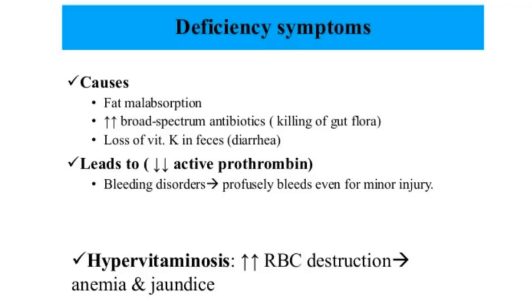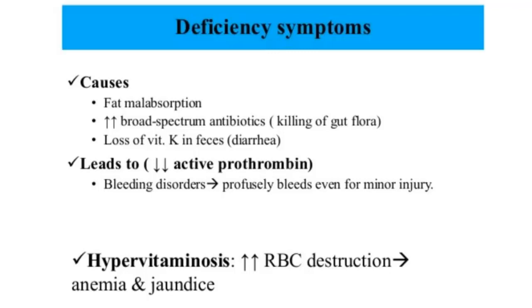So this is all about vitamin E and vitamin K. Now the main questions that may come from vitamin K and vitamin E are: you will be told to explain the antioxidant property of vitamin E. There you have to tell how it helps in prevention of lipid peroxidation and everything, as I have told you.